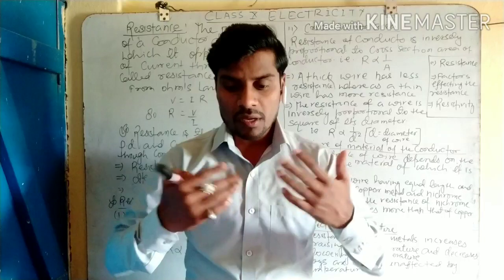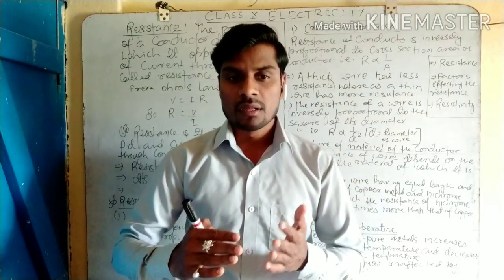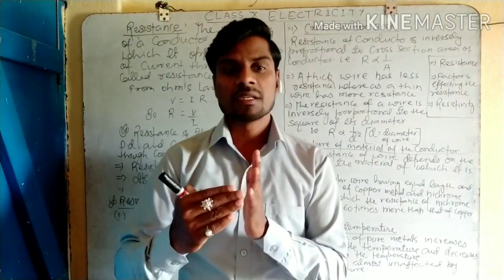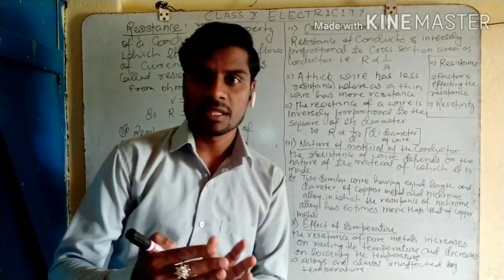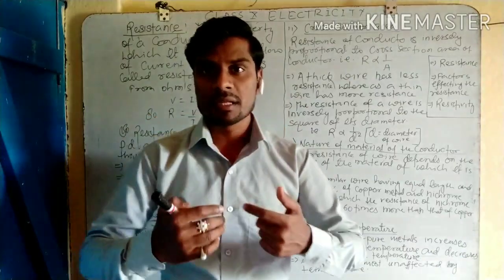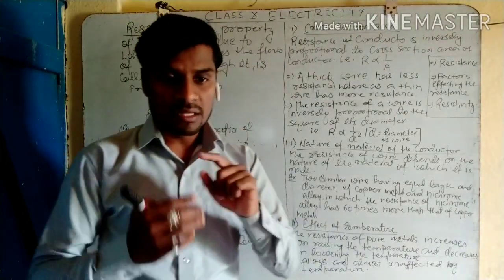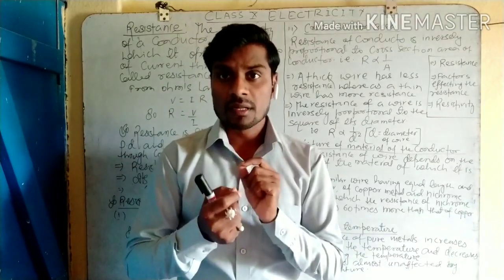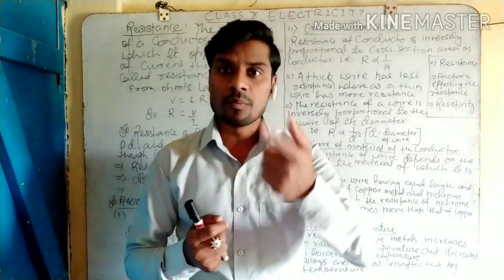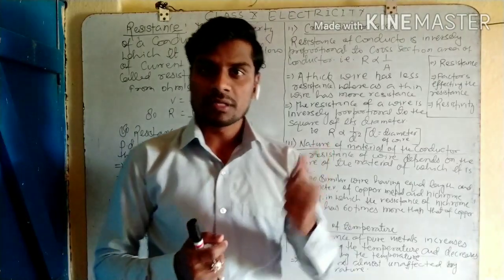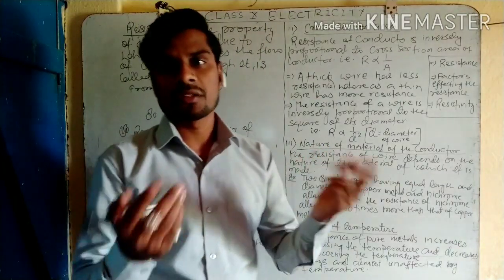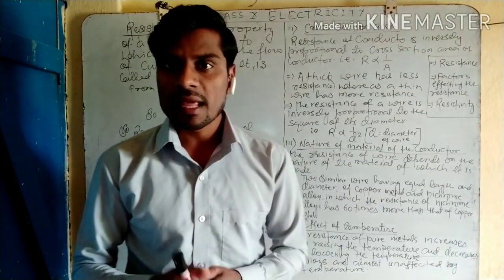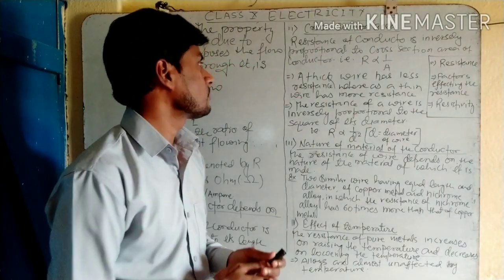For example, when we are walking on the ground with some speed, our speed is opposed by friction. That means friction works like resistance in our life. Similarly, inside a conductor, when current is flowing, resistance works like friction. It opposes the flow of current. So resistance is the obstruction, the opposition of a conductor which opposes the flow of electric current.